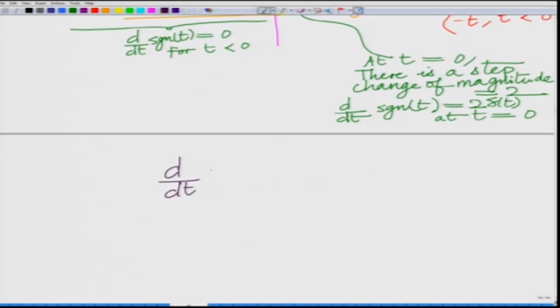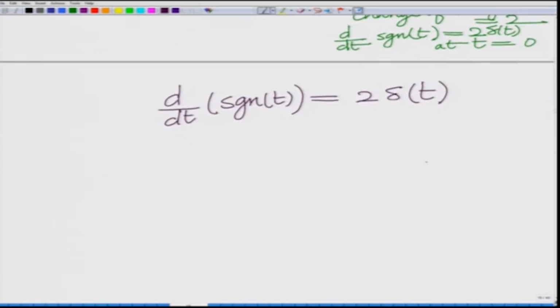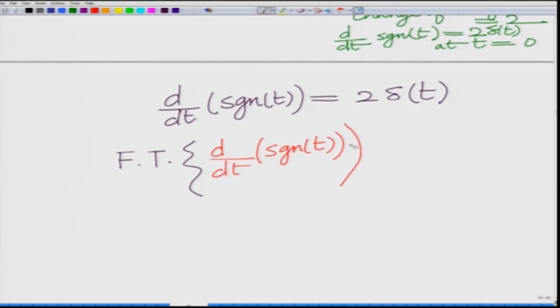So, therefore, d by dt of sgn t equals 2 delta t, which is non-zero only for t equal to 0, okay, which implies, now let us start with the Fourier transform of the derivative. I will show why this is convenient to find the Fourier transform of the original function. The Fourier transform of d by dt of sgn t, d by dt of sgn t is 2 delta t.